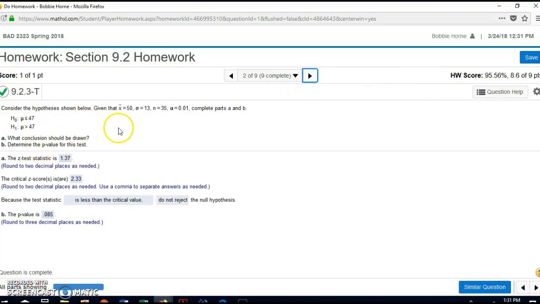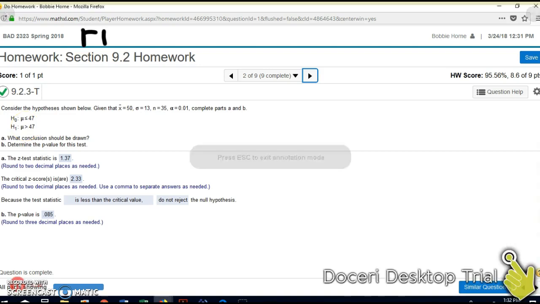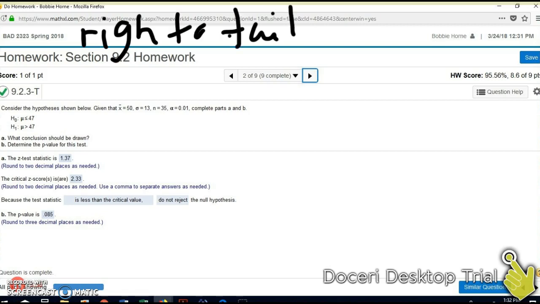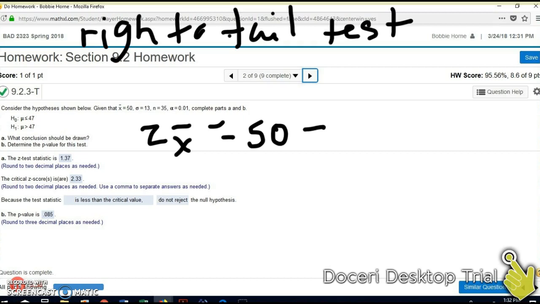Okay, for question number 2, this is a hypothesis test. Since the alternate hypothesis is greater than, we know that it's going to be a right tail test. That's very important. So what we need to do is calculate the z-test statistic. You do the mean, which is 50, minus mu, which is 47.